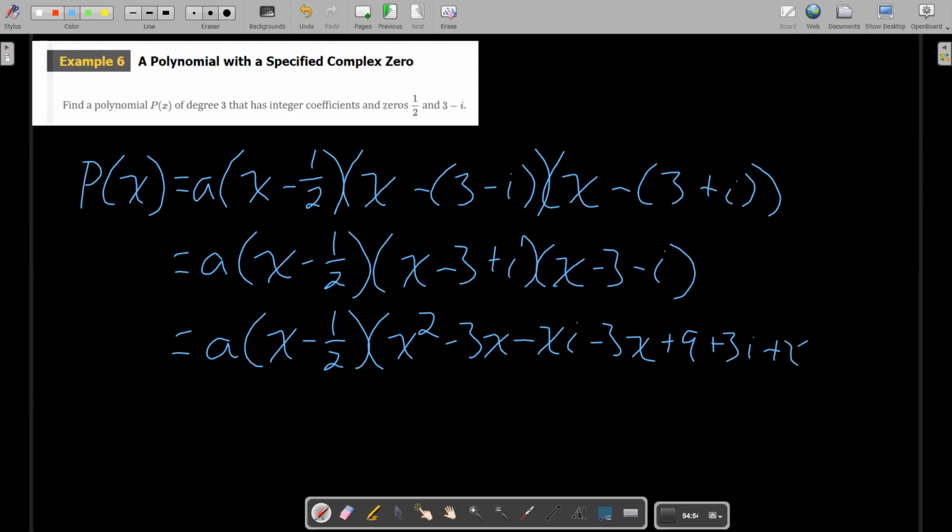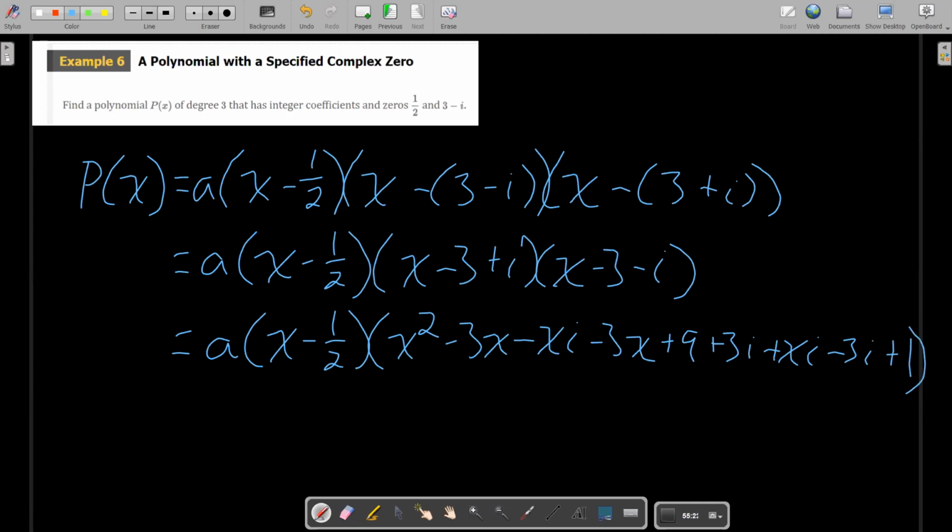So plus xi. I'm pretty sure there's a theorem that might be involved here, but I don't know off the top of my head. Minus 3i, and then minus i squared. All right, and minus i squared, I'm just going to write that as what? If we have a minus i squared, we know i squared is a negative 1, right? So we can just simply write that as a plus 1.